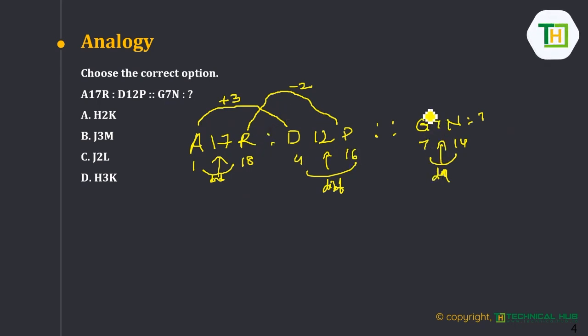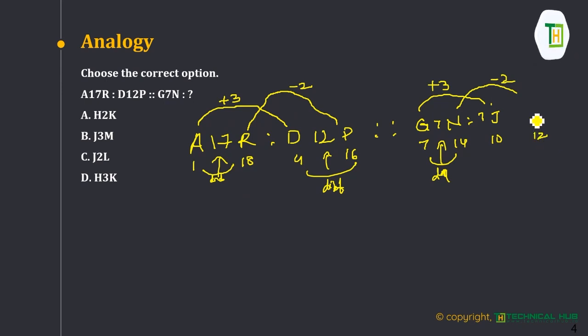So 7 plus 3 means 10, which is the letter J. Next, N minus 2: 14 minus 2 means 12, which is L. The middle number is the difference between the first and last letters: 10 and 12, the difference is 2. So J2L is the correct answer. Given the options, C is the correct answer.